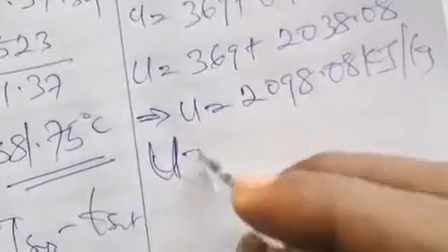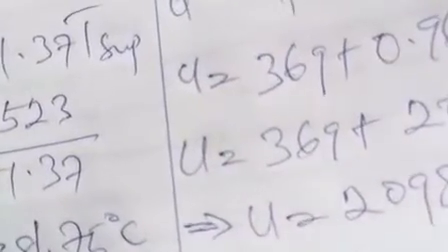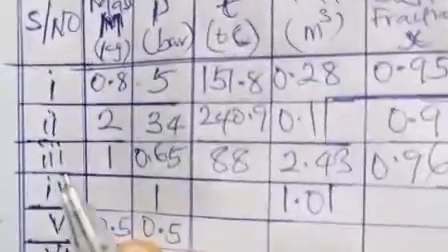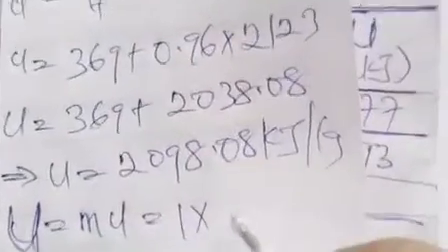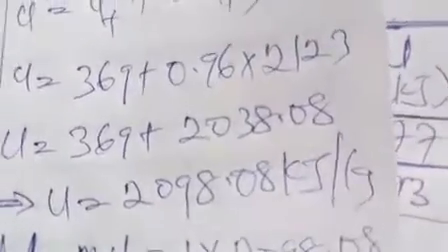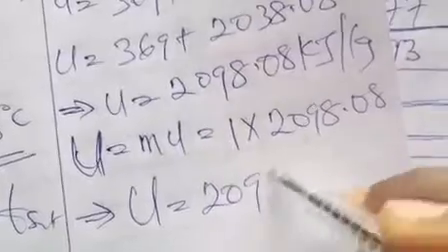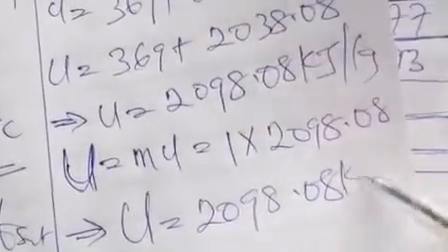As always, you have to convert this to a total property. Total internal energy is simply mass times specific internal energy. The mass was given as 1, so we have 1 times 2098.08, which implies total internal energy still remains 2098.08 kilojoules.